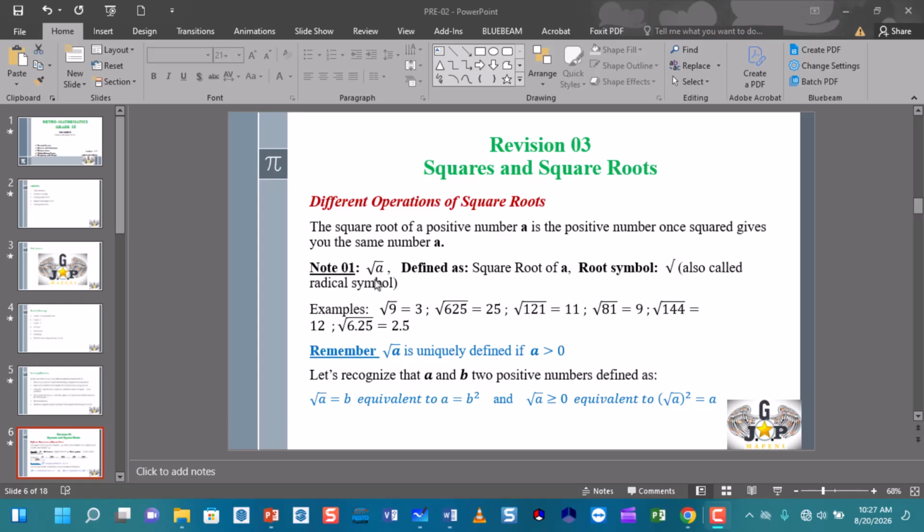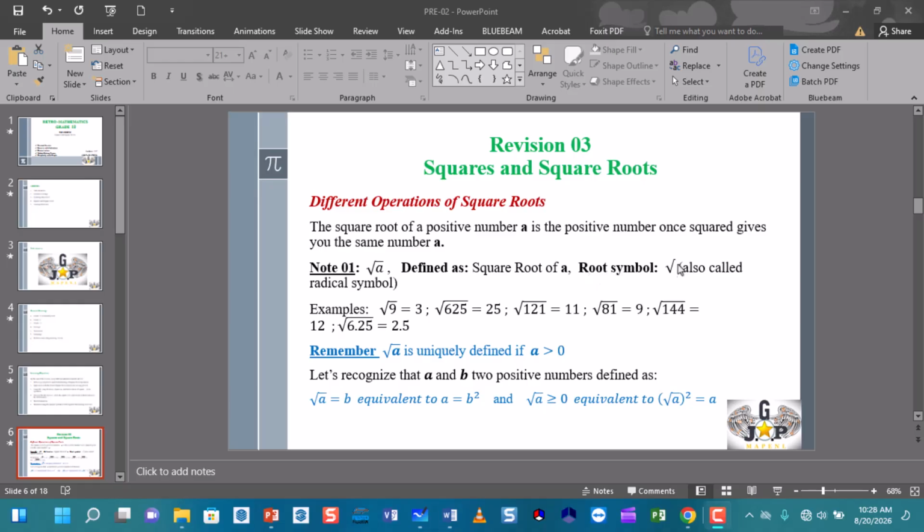So the symbol here is called the radical symbol. The number, or the letter, under the radical symbol is called the radicand, and the whole expression is called the radical. Don't confuse the radical and the radical symbol. And we go ahead, it says that this is defined as the square root of a.